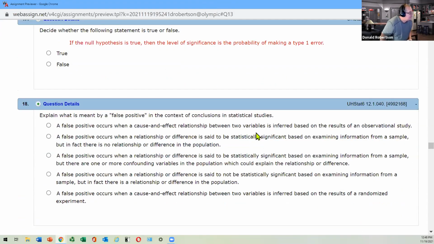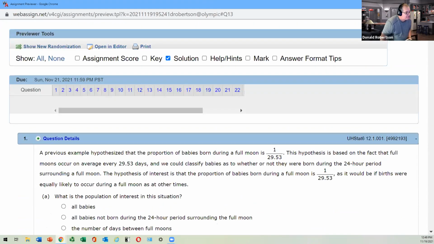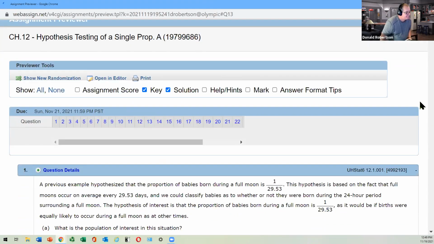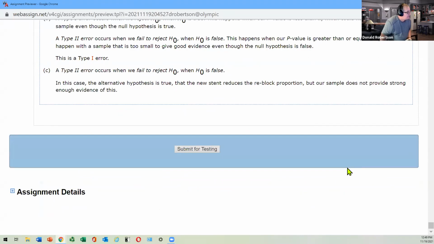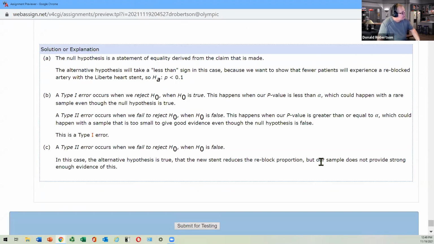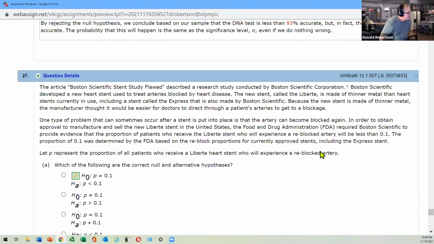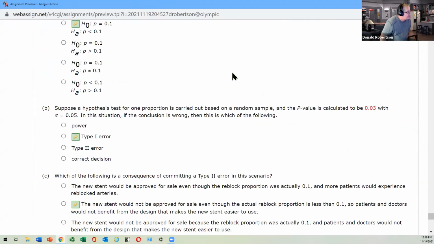Now, to finish off with, I'm going to try and see if I can find some very quick null alternate guys. So I'm putting in those guys again. Okay, I'm just leaving the solutions up here for you, but here is the hypothesis testing.